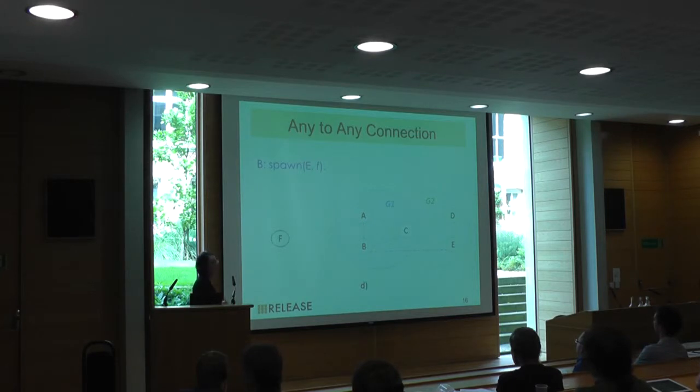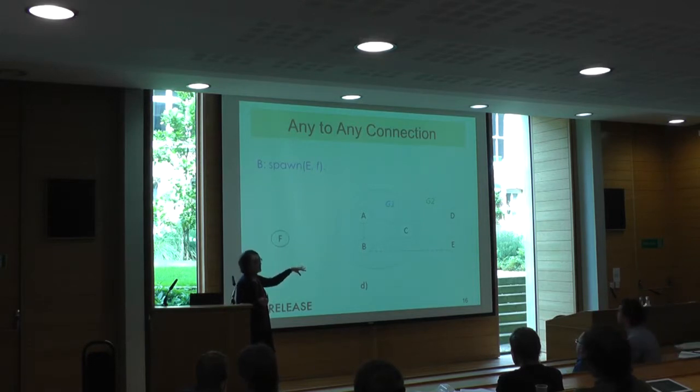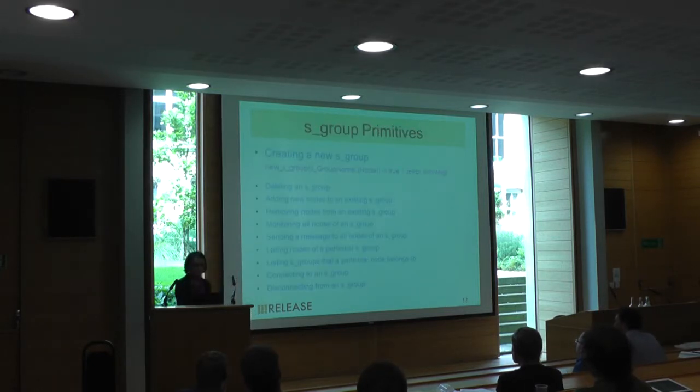And we preserve here the Erlang philosophy that any node can be connected to any other node. So node B can be directly connected to node E, but they don't share any information about other nodes.